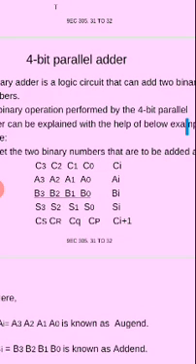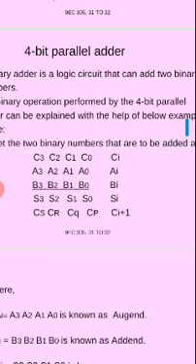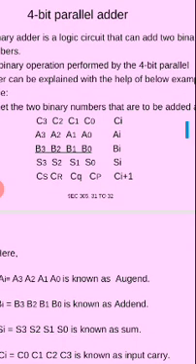Let the two binary numbers that are to be added be with carries C0, C1, C2, C3, A0, A1, A2, A3, B0, B1, B2, B3, sum S0, S1, S2, S3, and output carries CP, CQ, CR, CS.